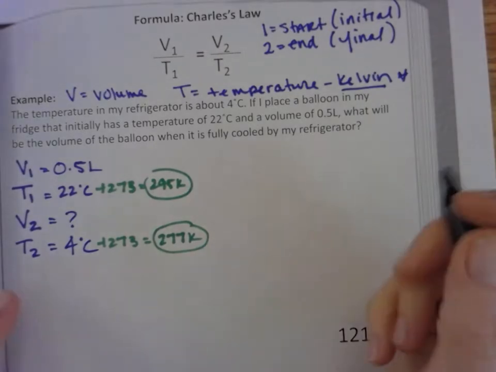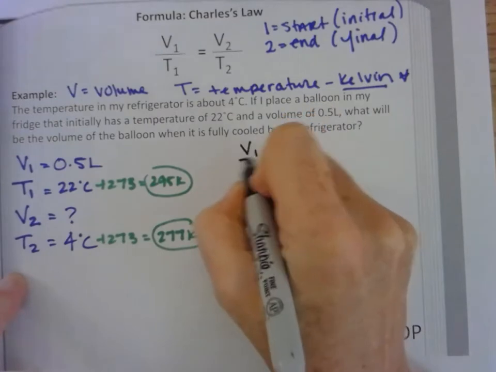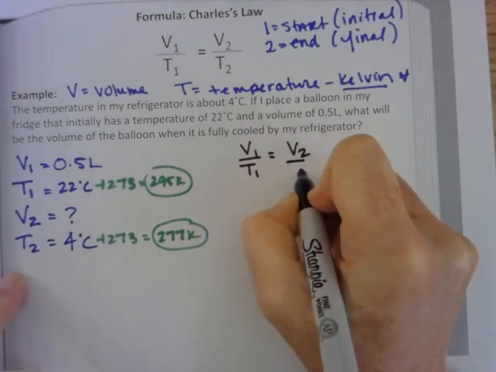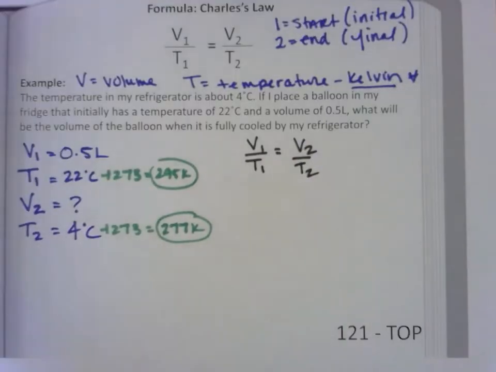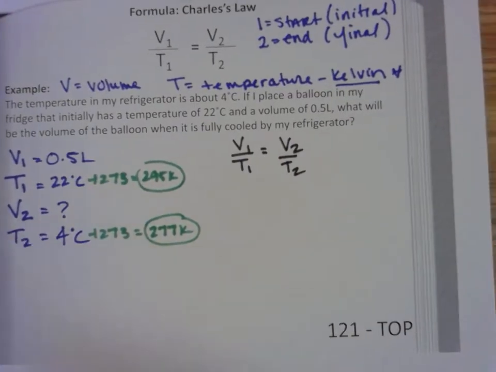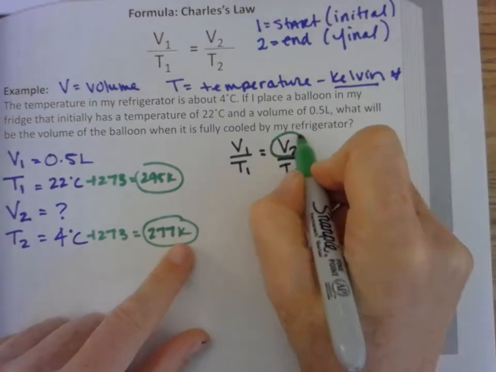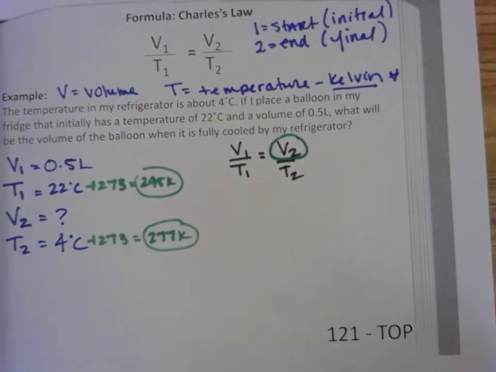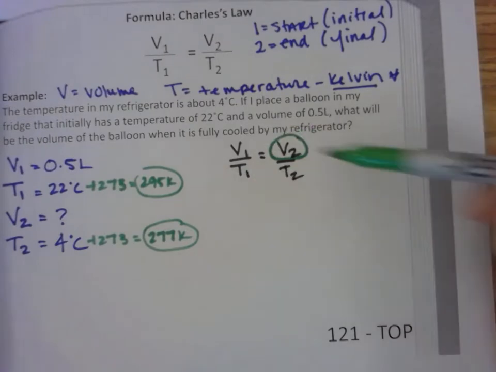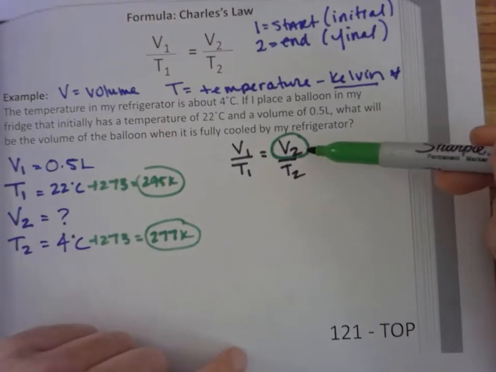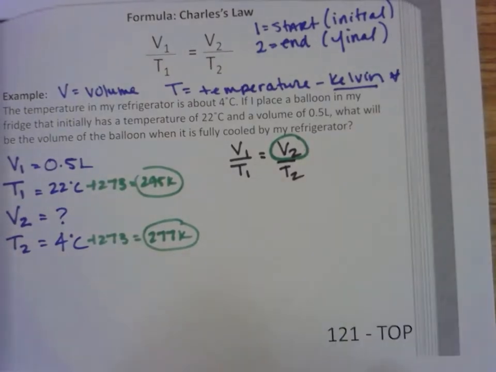Then I'm going to take my formula and rewrite it with the variables. Now I'm looking for V2, so if you're having a hard time rearranging these, always rearrange. It's easier to rearrange with the formula before you plug in the numbers. So I circle this, I'm looking for V2.